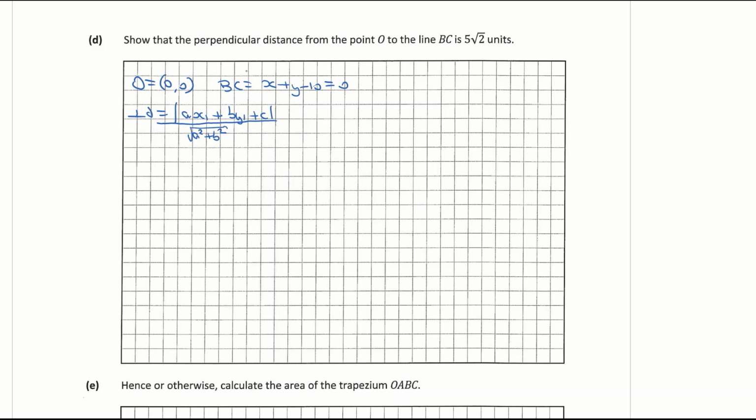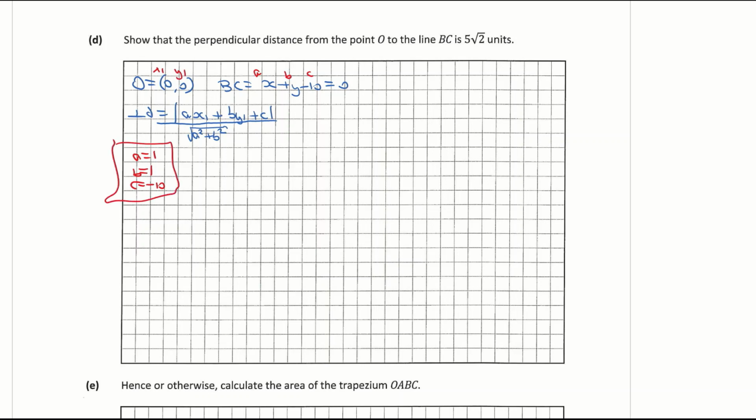The A is the number in front of the x, so A is equal to 1. The B is the value in front of the y, so B is equal to 1 as well. And C is the constant, which is minus 10. x1 is 0, y1 is 0.